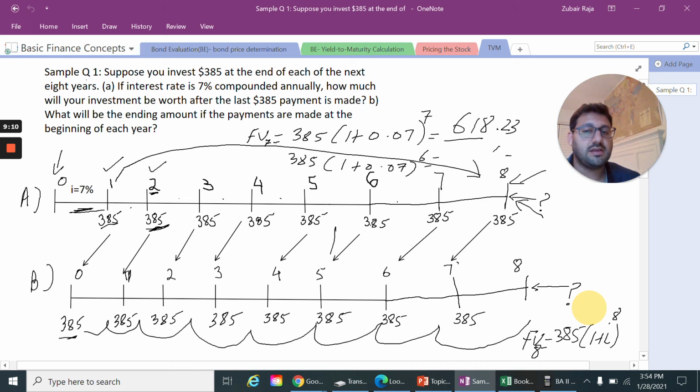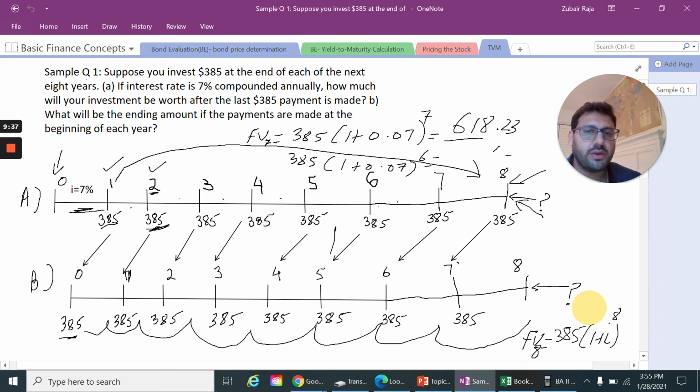In the similar way, every cash flow will have the opportunity to earn the interest for one more period. So if we calculate the future value of the ordinary annuity in scenario A, and multiply it simply with 1 plus the interest rate, we can find the future value of the annuity due in scenario B.